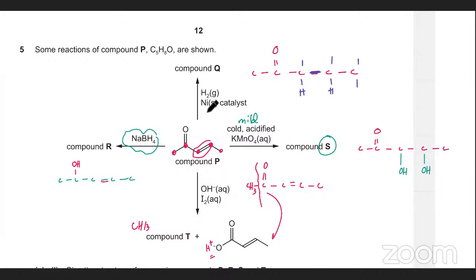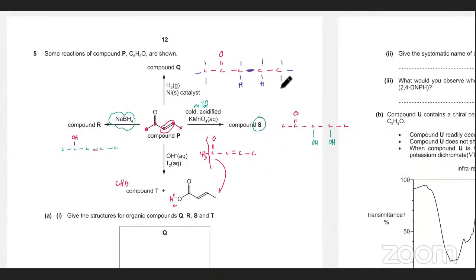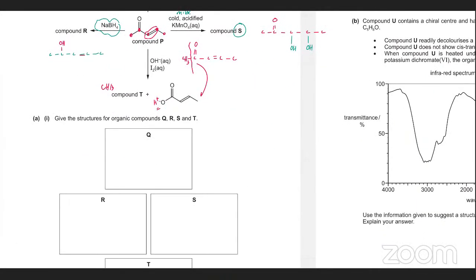So it will become saturated. There's another reduction reaction which happens with nickel and H2, and that is the ketone might also get reduced with hydrogenation. But I think since this reaction is not in your course at the moment, I'll open the marking scheme as well just to check.